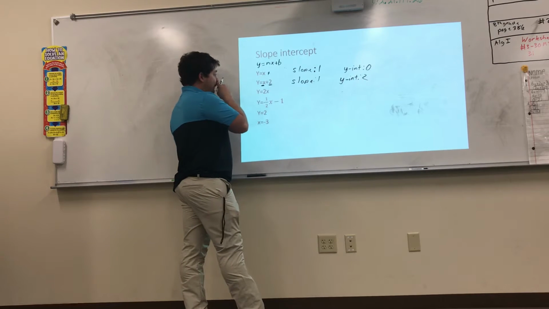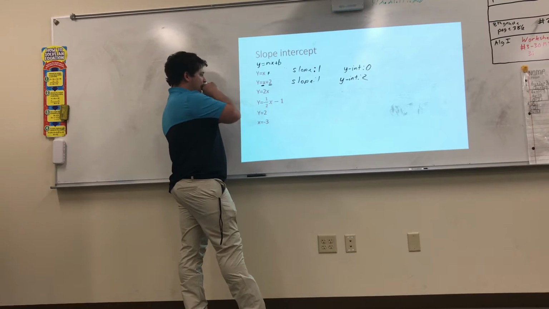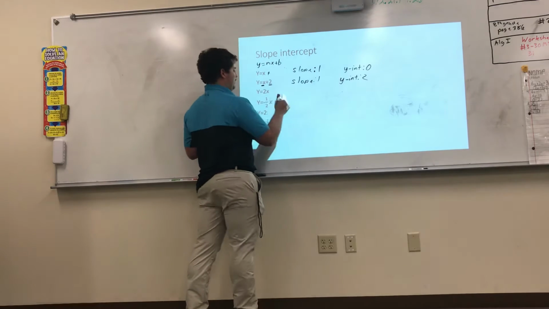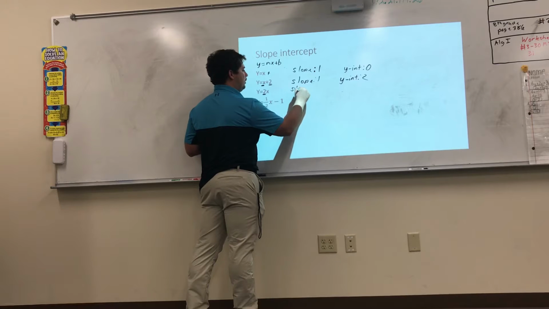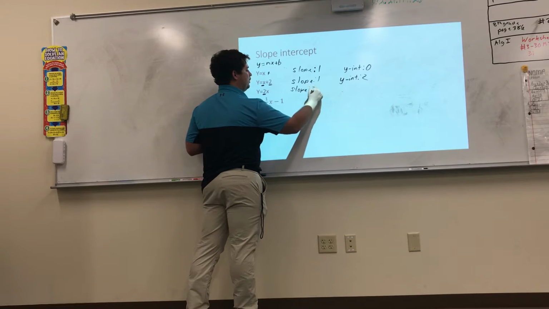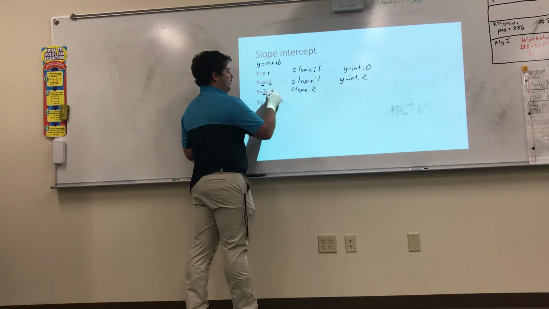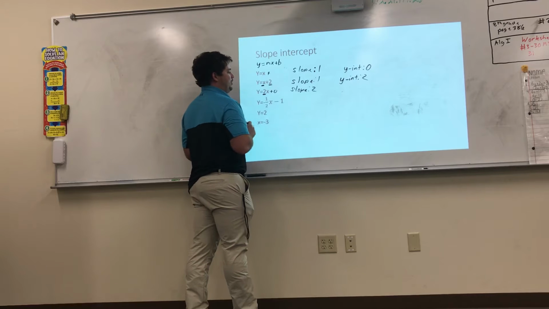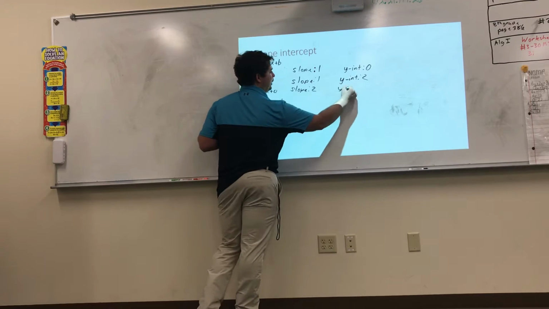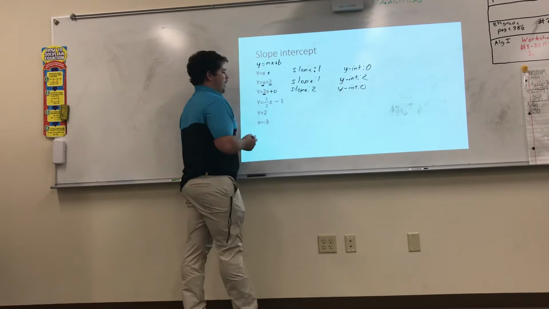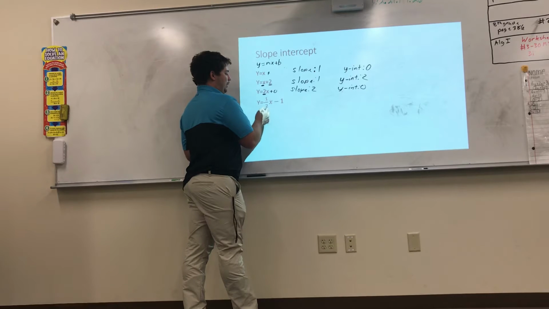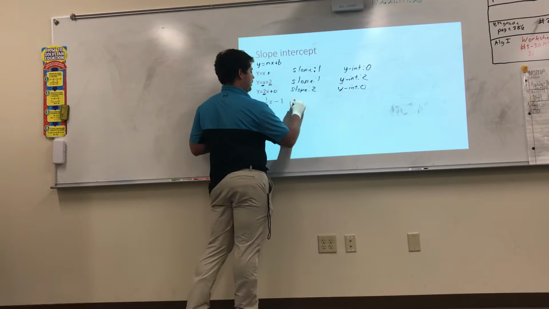Here, we have y equals 2x. This is going to be my slope. What can I add here because of the identity property of addition? The y-intercept should be 0.